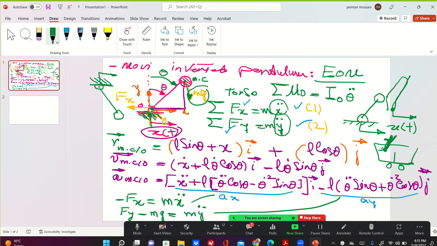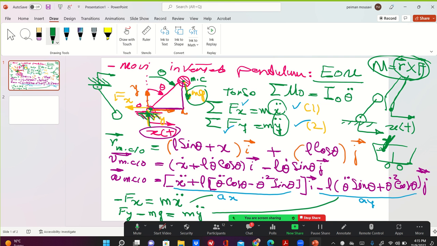The most rigorous thing you can do is say moment equals r cross product with F, and stick with the calculated sign with respect to the coordinate system you assigned. But I'm just shortcutting this. I look at the problem and say its sign is positive. You don't need to calculate that. Can I go to the next page?